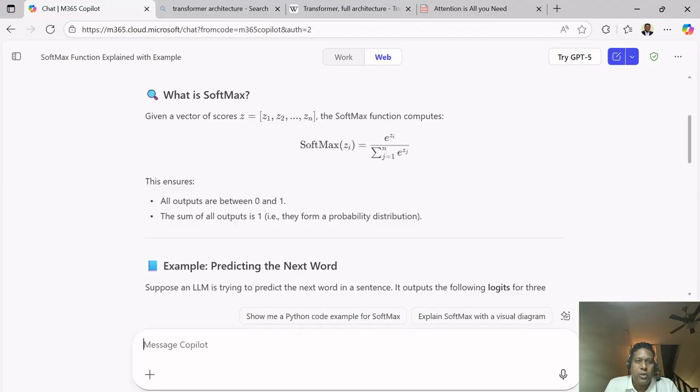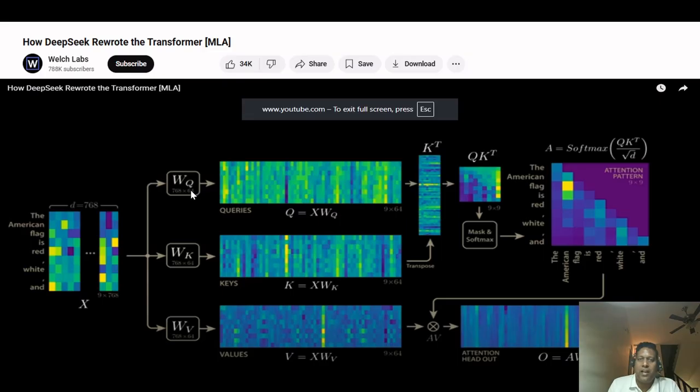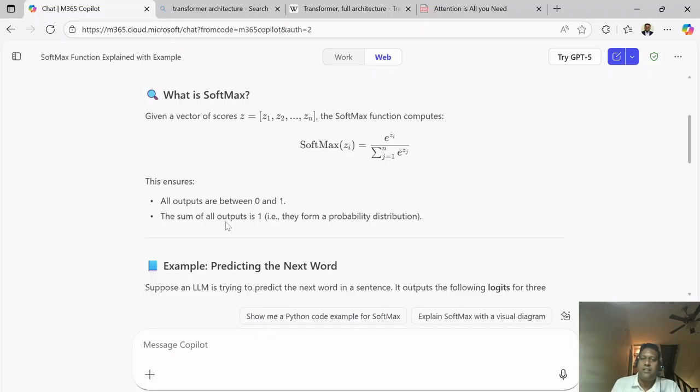So what it ensures is all outputs are between 0 and 1, and the sum of all outputs is 1, right? So when we apply this query and key matrix multiplication, we apply the mask to remove the top portion of the matrix because we are going to predict the next token and really don't need these values, and then apply a softmax on this. What we are doing is ensuring on these matrices that all outputs are between 0 and 1, and the sum of all the outputs is equal to 1.